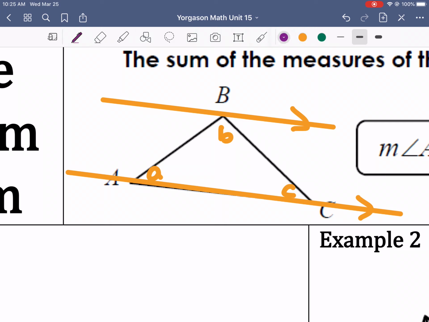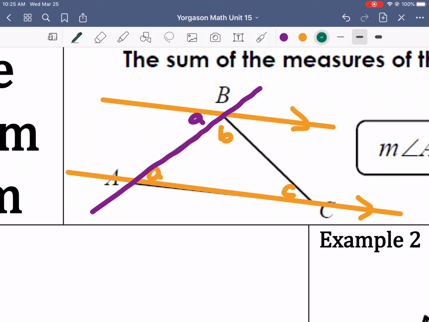So imagine for a minute that this is a transversal cutting through these yellow parallel lines. We know that A is alternate interior, that angle, to that angle right there. So they are congruent because the lines are parallel. So whatever measure we had for A in there, it's going to be A up there as well.